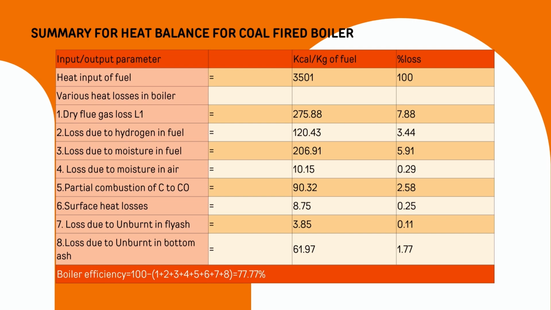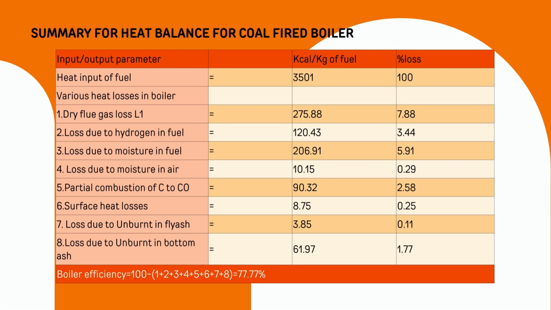Now, we prepare the summary for heat balance for coal fired boiler. Heat input of fuel is 3501, dry flue gas loss L1 is 275.88, percentage is 7.88, loss due to hydrogen in fuel 120.43, percentage 3.44, loss due to moisture in fuel 206.91, in percent 5.91, loss due to moisture in air 10.15, in percent 0.29, partial combustion of C to CO 90.32, in percent 2.58, surface heat loss 8.75, in percent 0.25, loss due to unburnt in fly ash 3.85, 0.11%, loss due to unburnt in bottom ash 61.97, 1.77%.